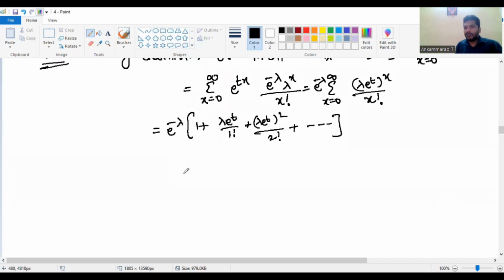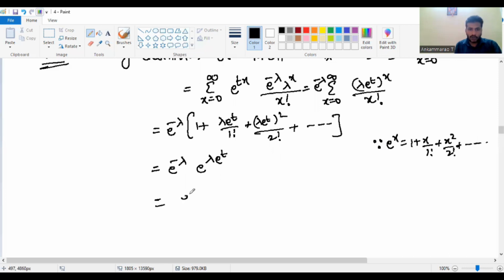It is the formula for e power x, so e power minus lambda into e power lambda e power t. The formula is e power x equal to 1 plus x by 1 factorial plus x square by 2 factorial plus and so on, where x is placed here as lambda into e power t.